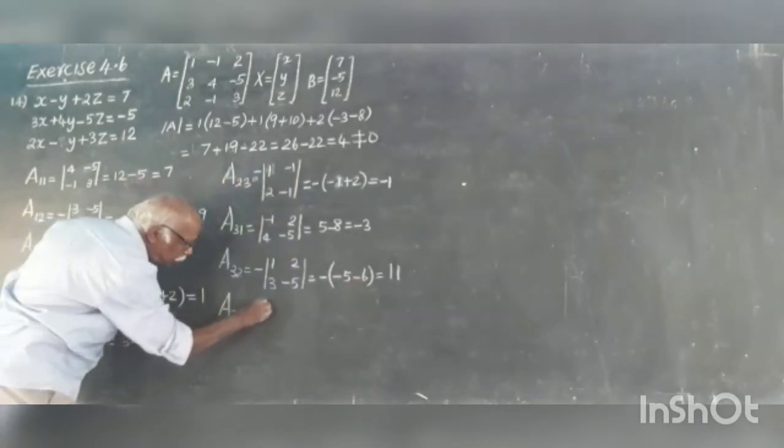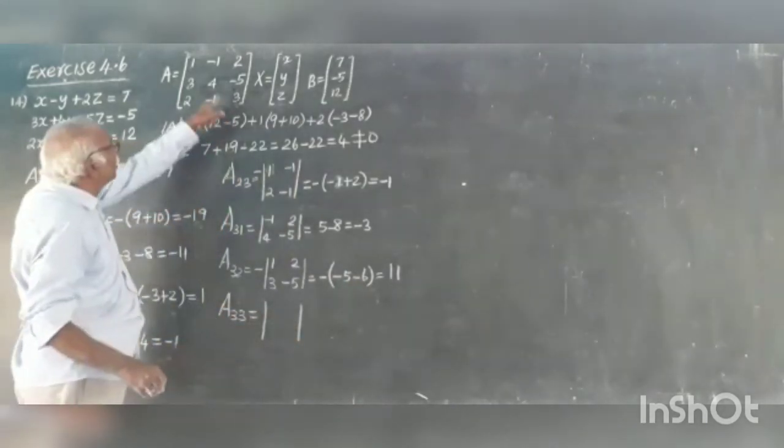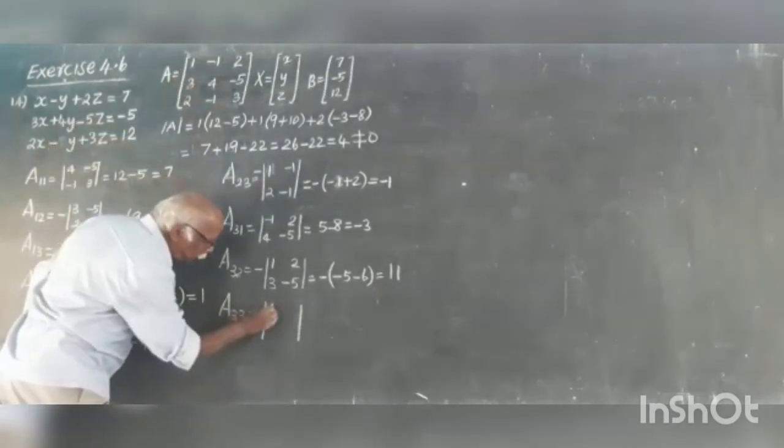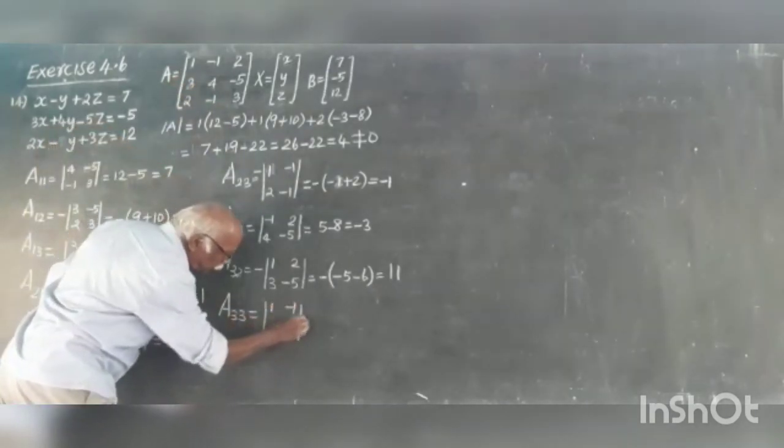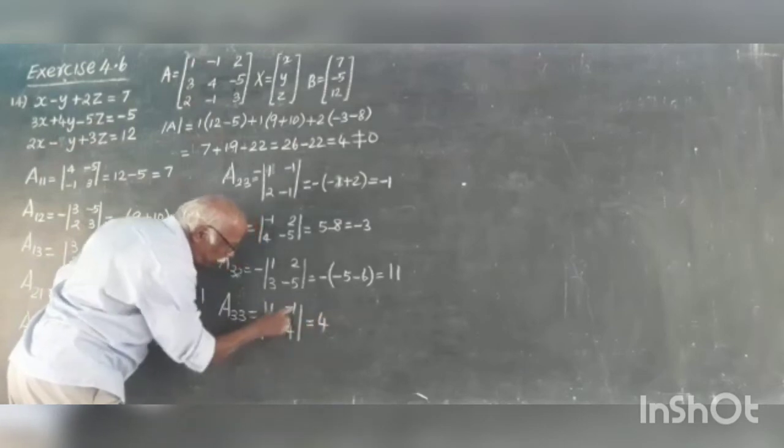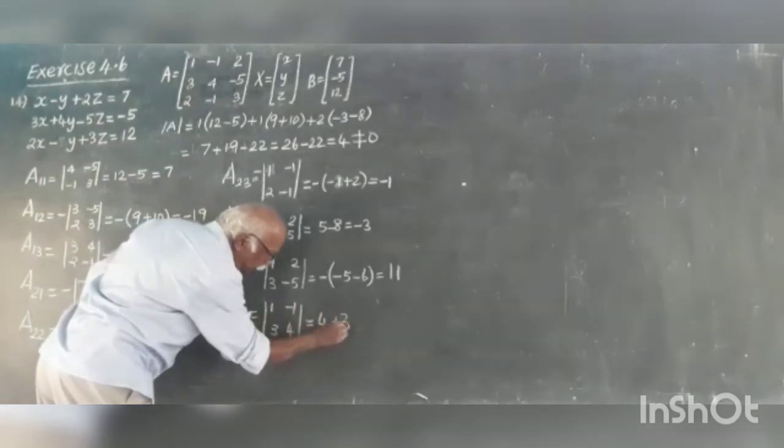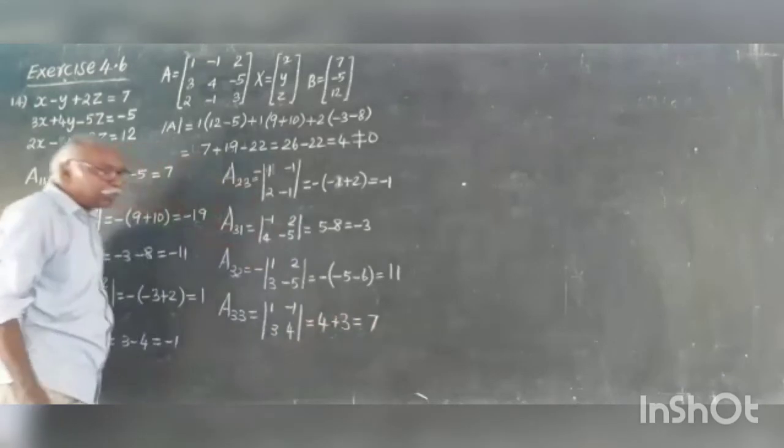A33: 1 minus 1, 3 4, is equal to 1 into 4 minus 3 plus 3, 4 3, 7, is equal to 7.